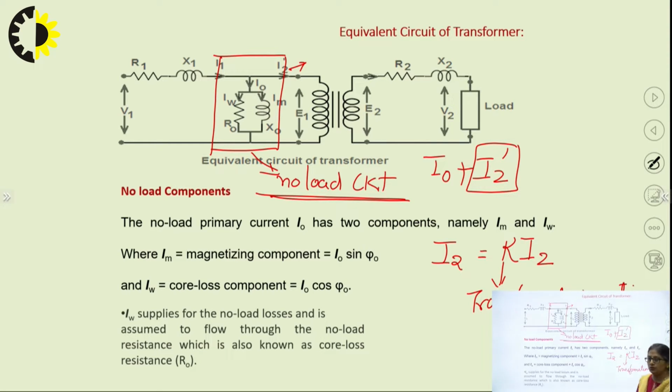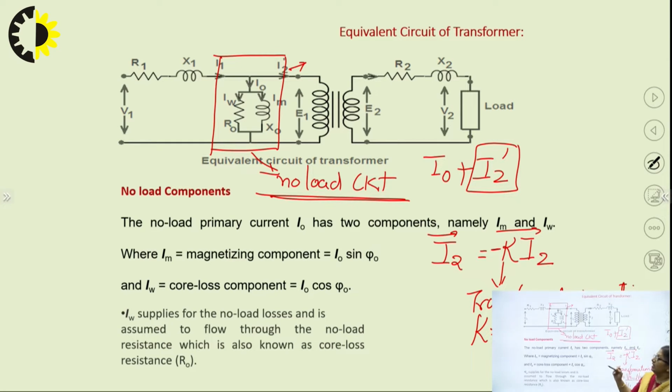We must have studied this. K can be given by the voltage ratio V2 by V1, by the turns ratio N2 by N1, or by the current ratio I1 by I2. And in phasor, this is in phase opposition to it, so I2 dash is minus K times I2.